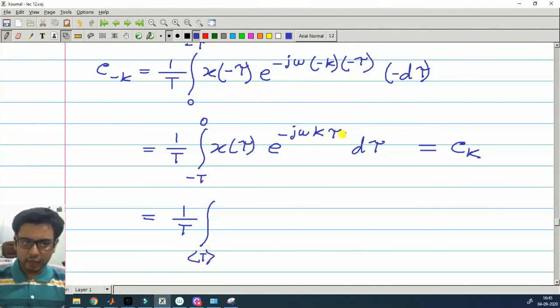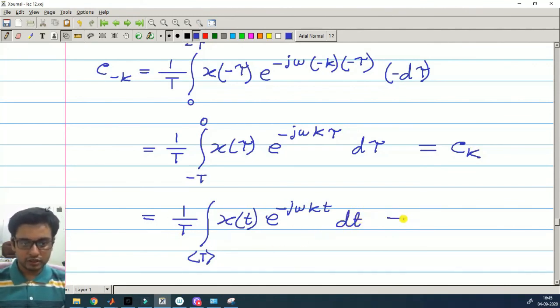Now tau is a dummy variable, so you may put in place of tau any other variable you like. I am putting t, and this now clearly looks like Ck. So that is the proof.